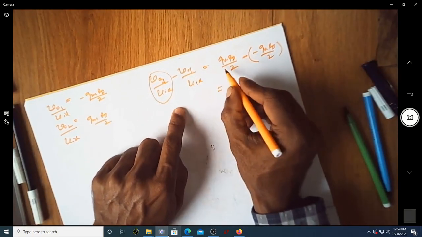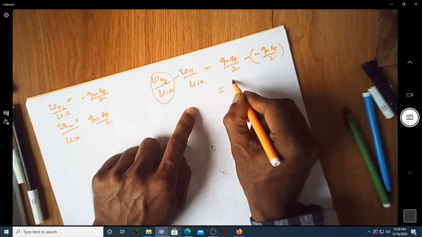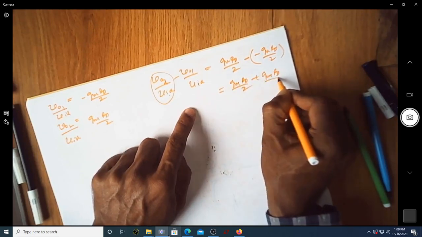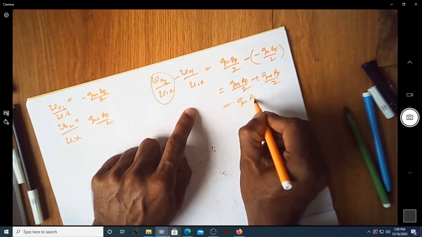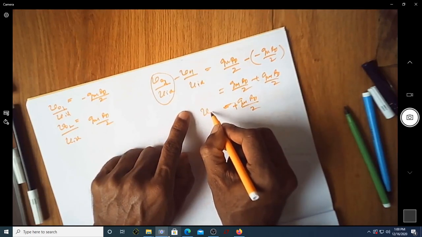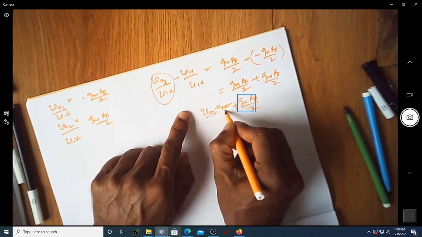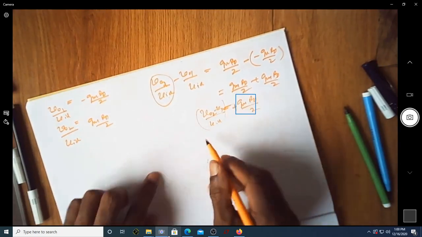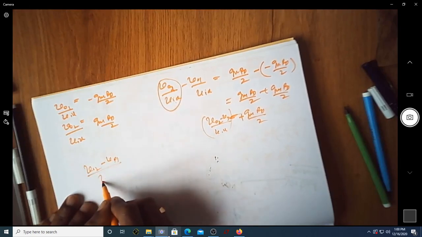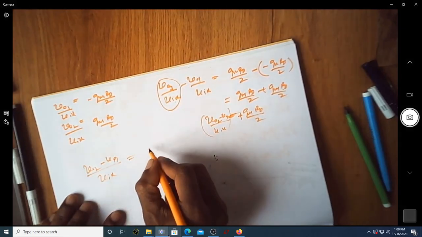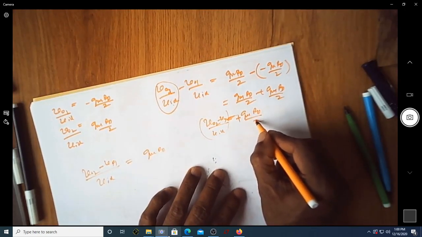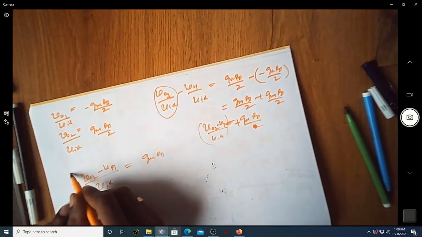If you subtract them, is it not becoming GM into RD by 2 plus GM into RD by 2? So V02 minus V01 divided by VID is GM into RD. There is no RD by 2, sorry, it is just GM into RD.